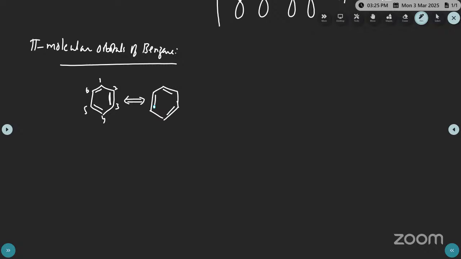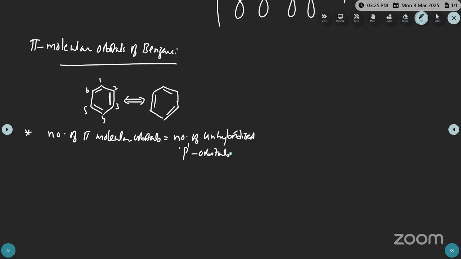బెంజిన్ స్ట్రక్చర్. అండ్ సి 6 pi molecular orbitals are formed. So the number of pi molecular orbitals is equal to the number of unhybridized p orbitals. So each carbon has one unhybridized p orbital. So how many carbons are present in the benzene? 6.